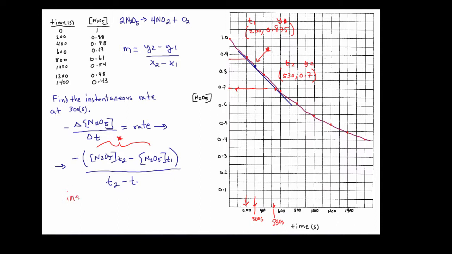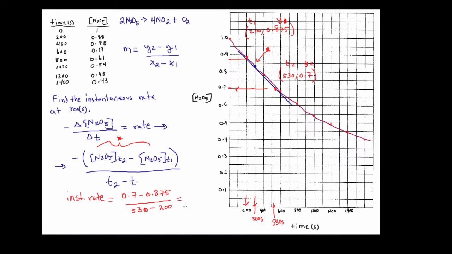All right, so now let's go ahead and calculate the instantaneous rate. So the instantaneous rate is going to be equal to 0.7 minus 0.875 divided by 530 minus 200.